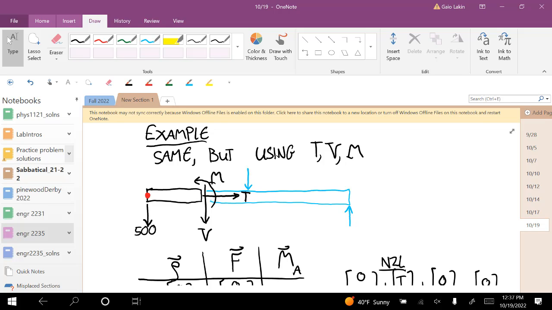Because the thing that makes other things more complicated is you're not always going to have perpendicular row vectors and force vectors. In this case, our row vector is always perpendicular to the force vector.